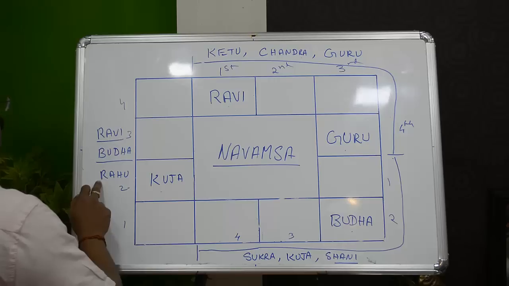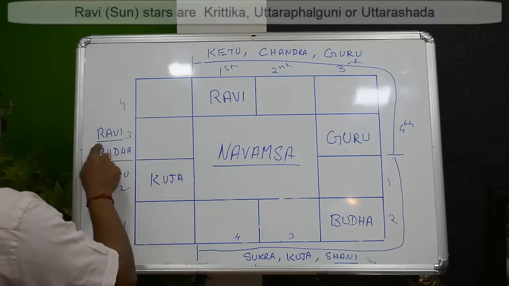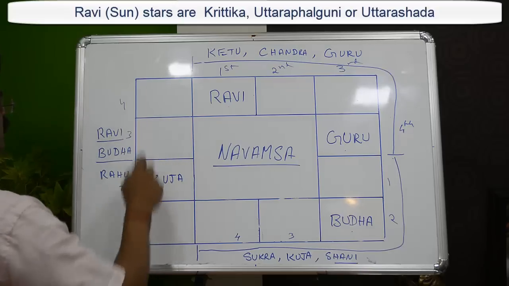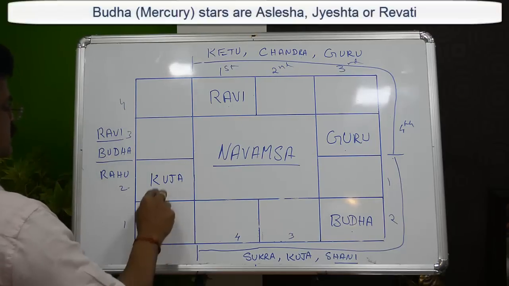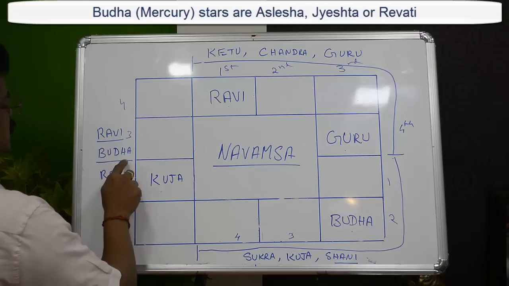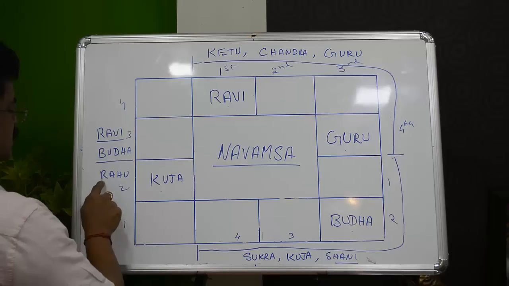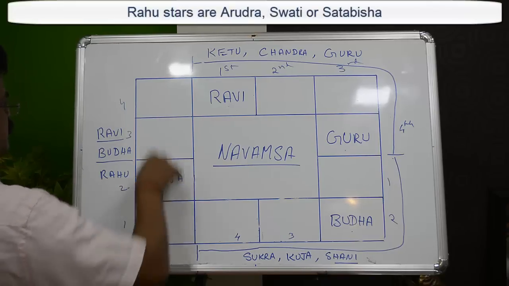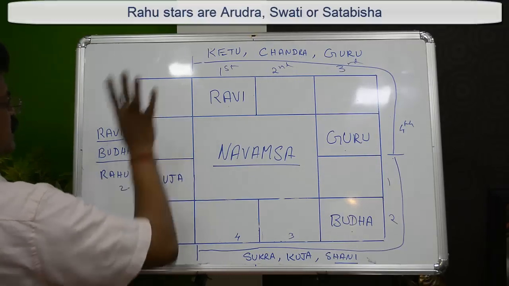So here the possibilities are, it can only involve a Ravi star, which is Kritika, Uttaraphalguni and Uttarashada. Buddha, the three stars of Buddha which can come over here are Aslesha, Jyeshta and Revati. Rahu stars, they are Arudra from here to here, or it can also be Swati, or it can be Satabhisha.